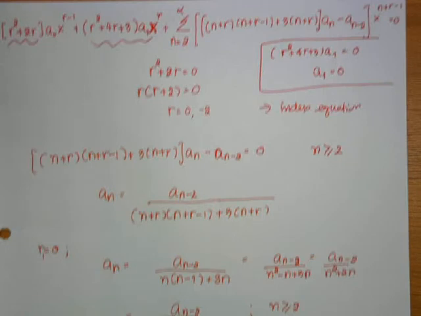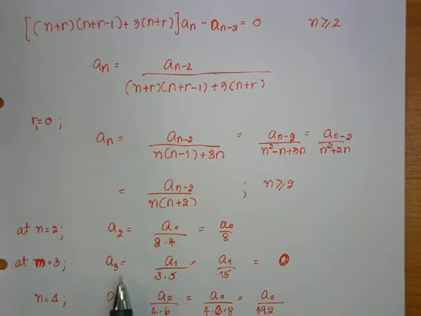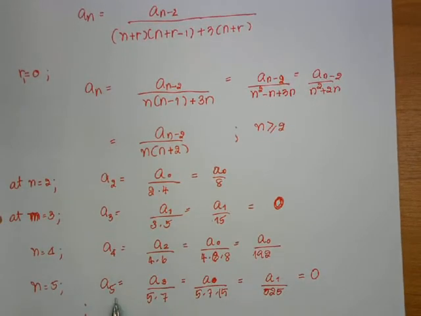Okay? So from that, we know that a3 is related to a1. But a1 is equal to 0, which makes a3 equal to 0. And then a5 is related to a3, so any a which has an odd index would go to 0.